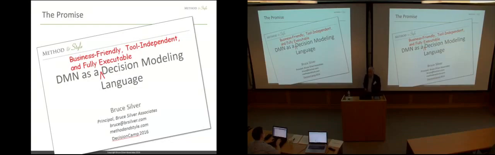And that is really a powerful promise because it's intended to enable business users to actually define and maintain the decision logic that drives their operations themselves, as opposed to the traditional practice of creating requirements handed off to programmers who actually know nothing themselves about the decision logic.